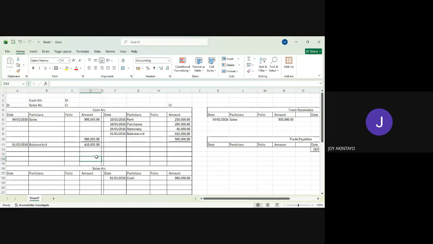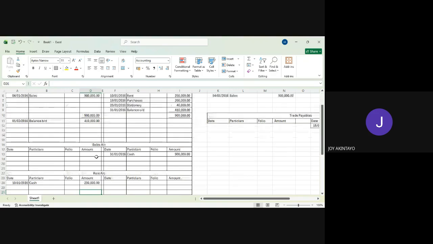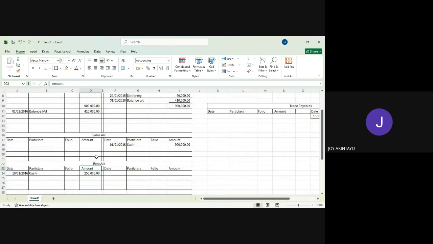So let's do that of sales account. So how do we do the carry down for sales? You know, the credit side of our sales account, which side is having a higher value, debit or credit? Credit side. So the credit side.